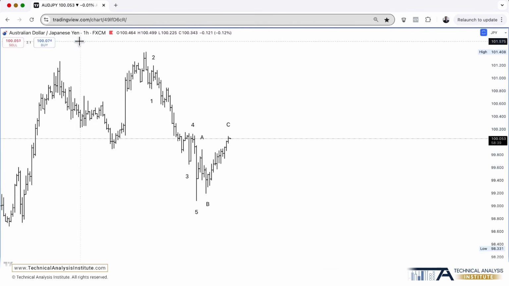We have 5 waves here, and that means that trend is down. So in what direction should we trade?